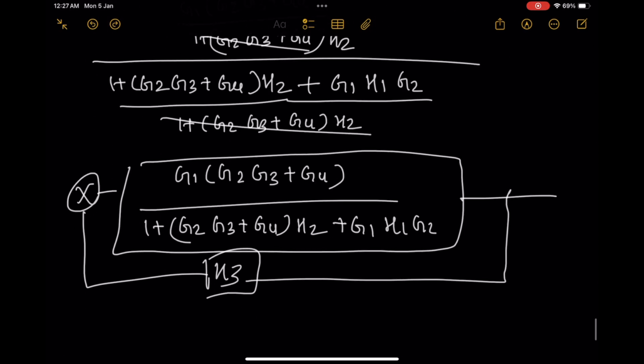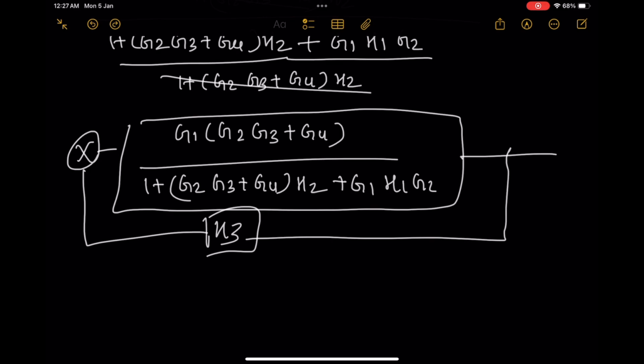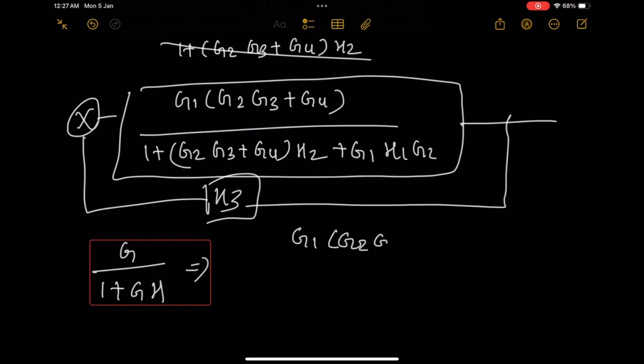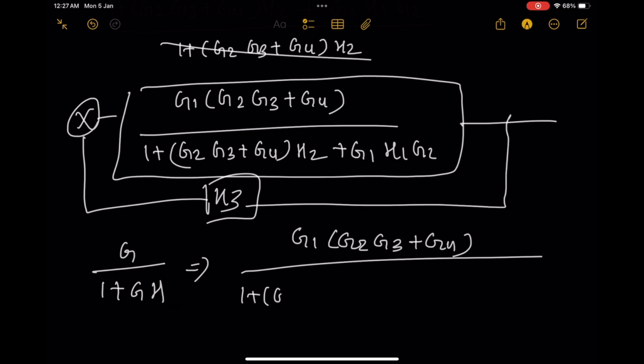We'll do the same thing as before and we'll get the answer as G by 1 plus GH. So I'm going to write the answer itself the same way again. That is, I'm going to write the numerator first, then the denominator as such. Then we'll have an additional term, that is the numerator multiplied by H3.